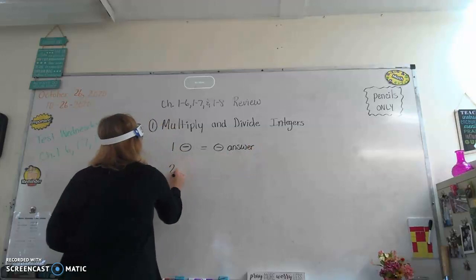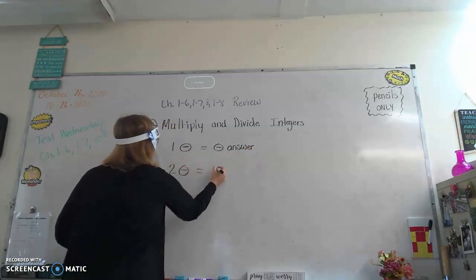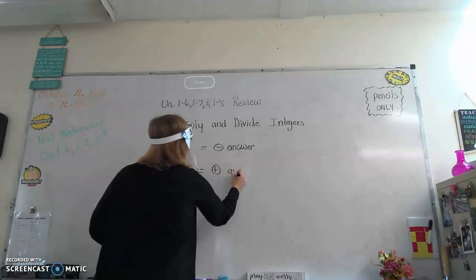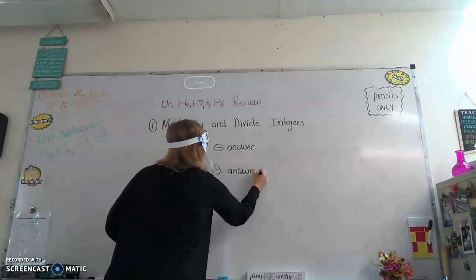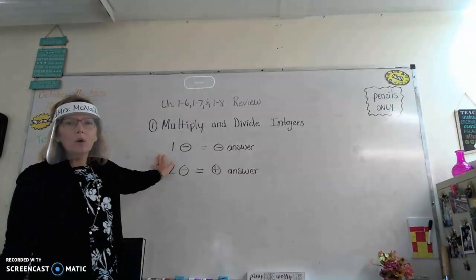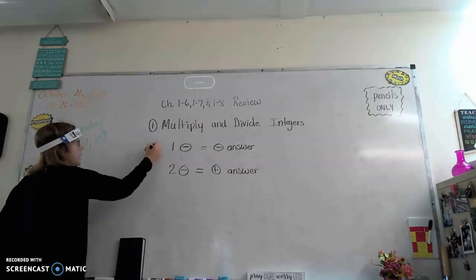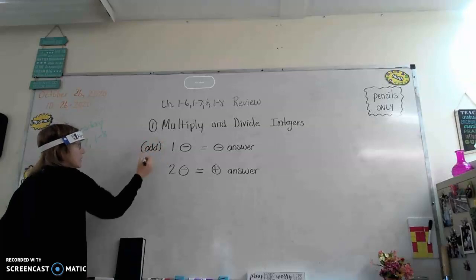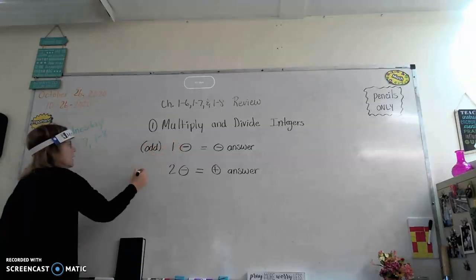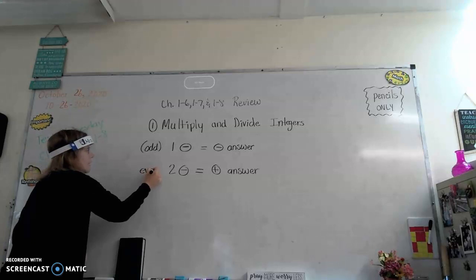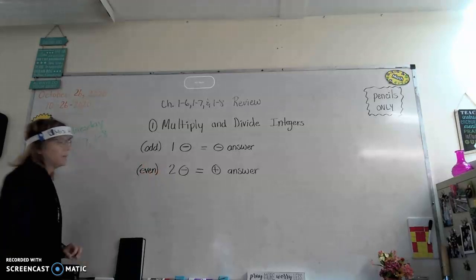And if you have two negatives, it equals what? Positive answer. Excellent. Remembering. Okay, and the same thing goes for odd and even numbers. If you have an odd number of negatives, it's a negative answer. If you have an even number of negatives, it's a positive answer.